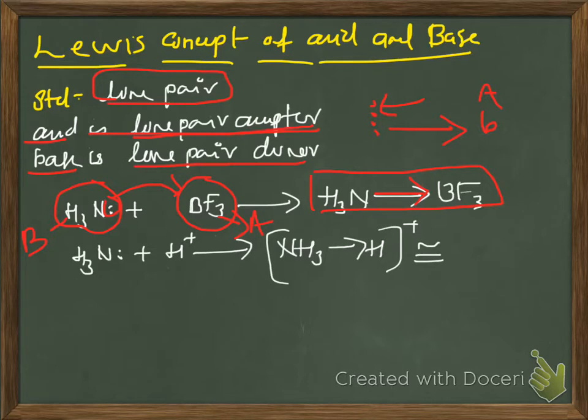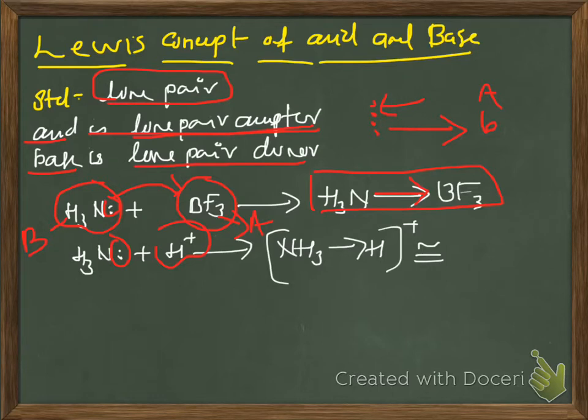Now, see another example. Here also we have ammonia having a lone pair, and H plus. How many electrons are there in H plus? Actually, a hydrogen atom contains only one electron. So, H plus is formed by removing this sole electron, and this H plus does not contain any electron.